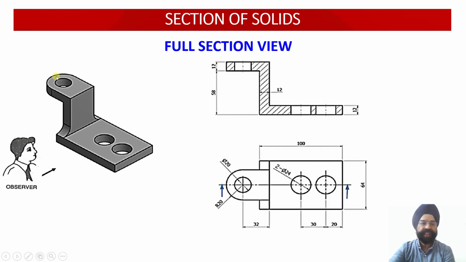But here, since all these three holes were in a straight line, we have cut this object at this particular point, and now I am able to get a proper picture of the internal details of this component at this particular cross section.